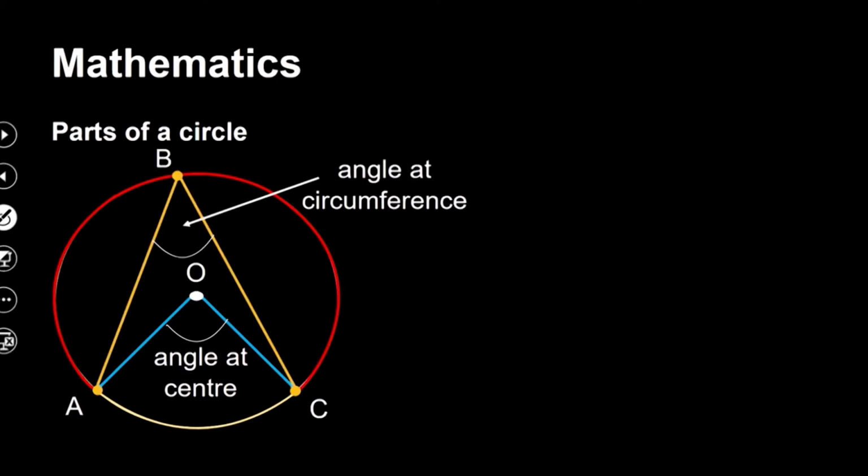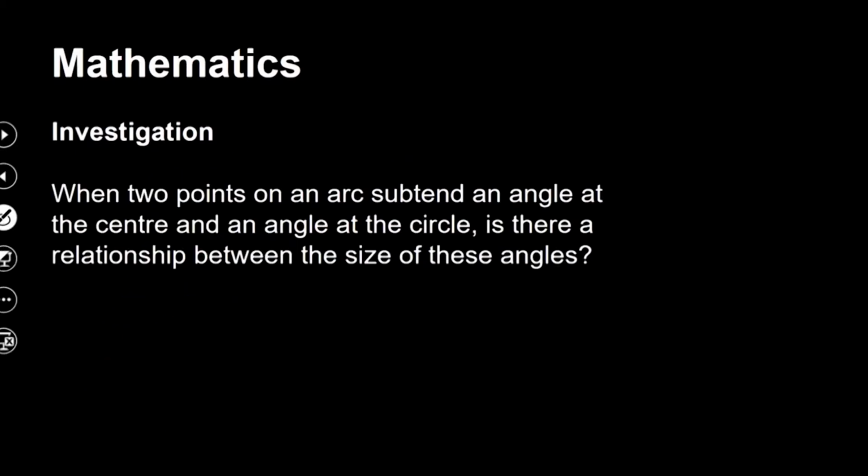But now look at what is happening. They are both formed or subtended by the very same arc that I have here, right? So from the arc to the center, from the arc to the circumference, right? That's the condition. And you will see why this is important at a later stage.